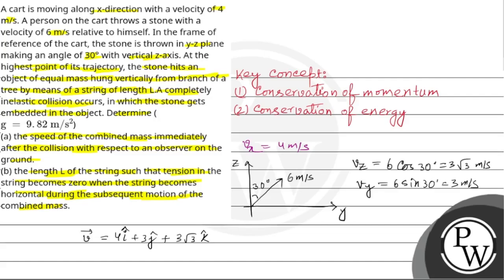पार्ट ए में हमसे कहा गया है कि स्पीड ऑफ द कॉम्बाइंड मास हमको निकालना होगा immediately after the collision with respect to an observer on the ground. So vertically topmost point जो होता है उस पॉइंट में ऑब्जेक्ट का वेलोसिटी जीरो हो जाए. So we denote that by vh, that is the velocity at highest point, equals 4 i cap plus 3 j cap.